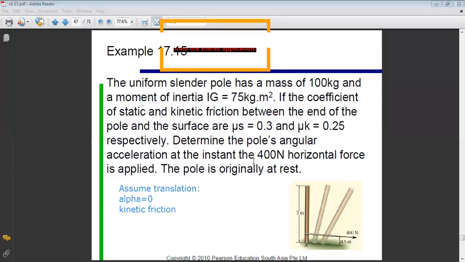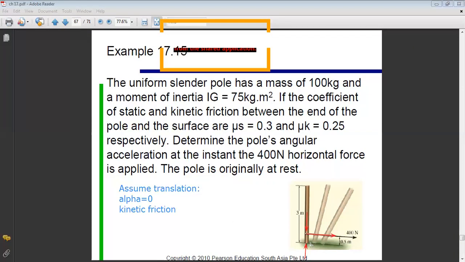To do this, I should put my forces. I should draw the free body diagram showing all forces acting on my body. For my bar, what are the forces acting on it? I have its weight, the 400 Newton force, and the normal at A. If I do sum of moment about G, can it be 0?